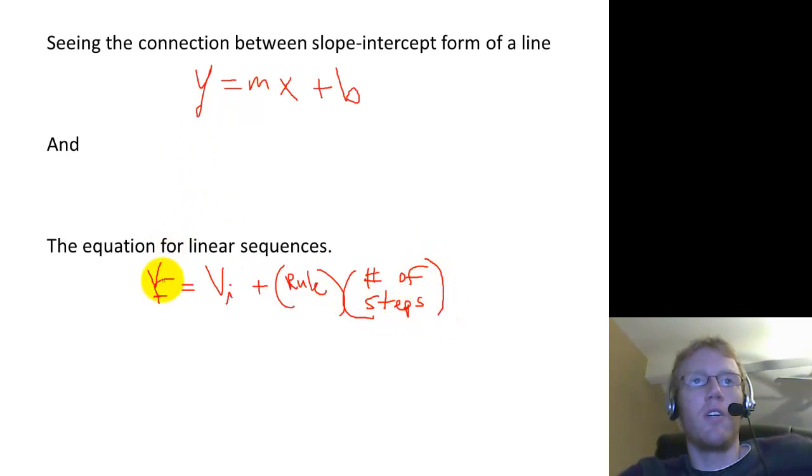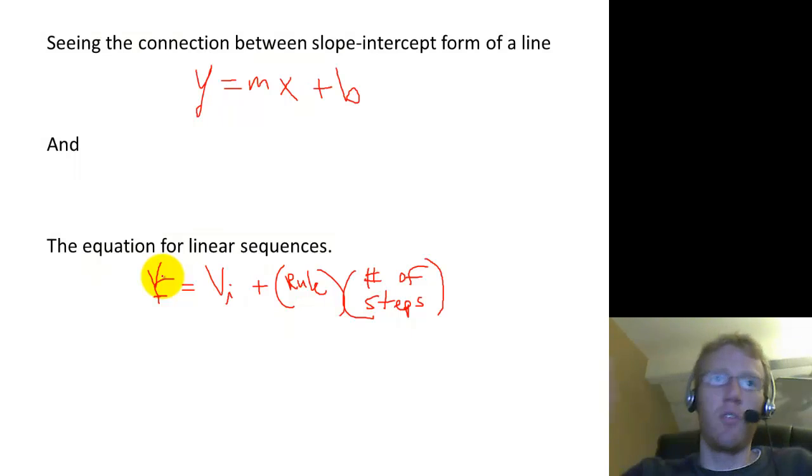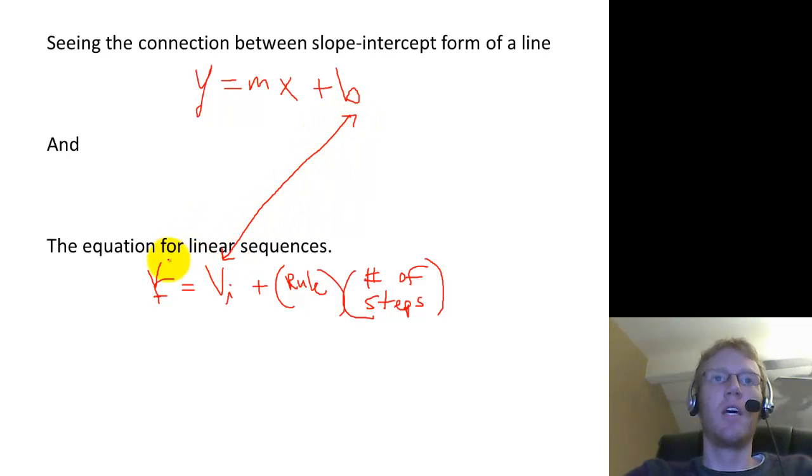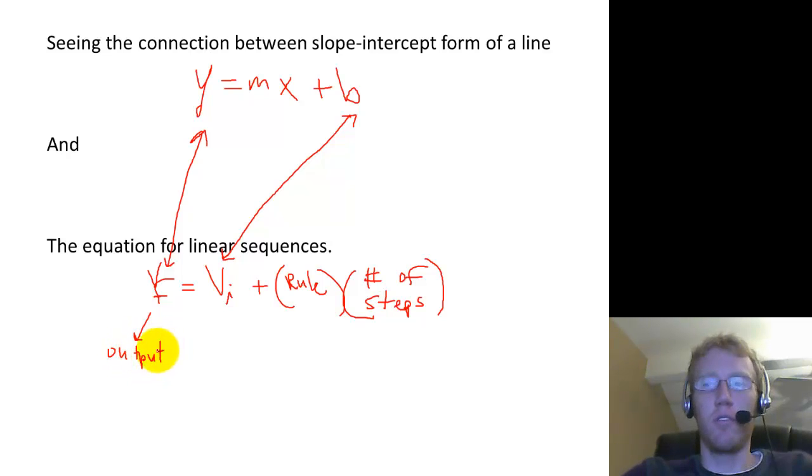So the final value is the output or the answer that you get. The initial value is the starting value. So the initial value is just like the y-intercept. Okay, the final value is just like the output or y value. So this is essentially your output, the last value in your sequence, or whatever value you're trying to find, like the 10th term or something like that. This is your starting value.